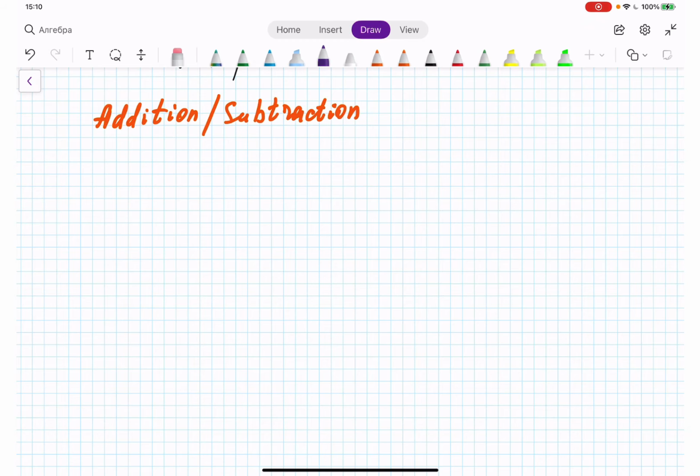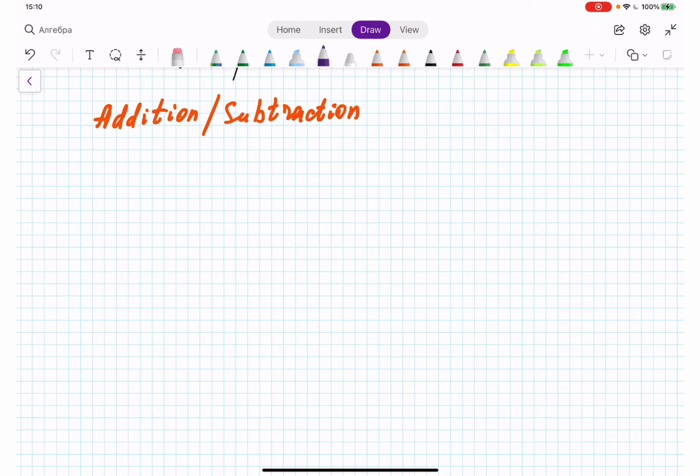Before I start doing addition and subtraction operations of matrices, I would like to tell you that addition and subtraction operations are defined only and only for matrices of the same size.